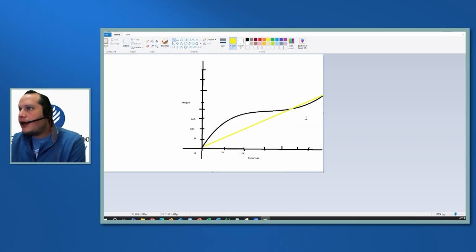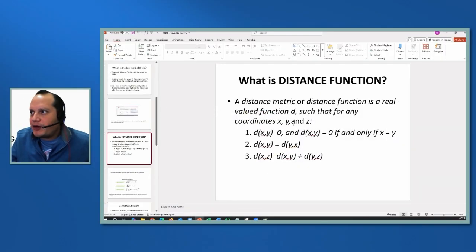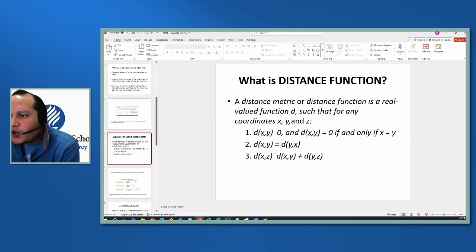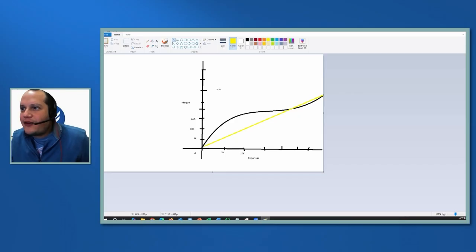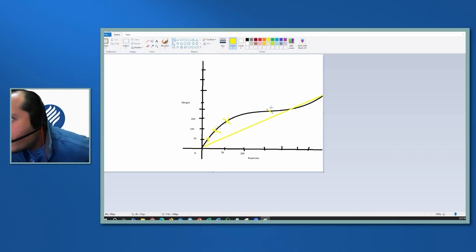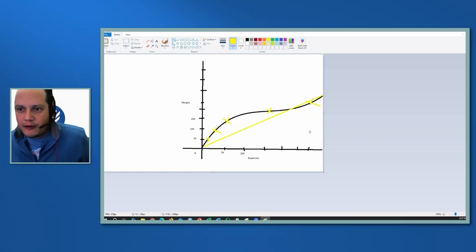So that's exactly what I want you to bear in mind, that we need to understand that there's a distance function between two different factors, or let's divide it into dots, right? It can be one dot here, another dot here, another dot here, another dot maybe right here, another dot right here, and so on and so forth, right?